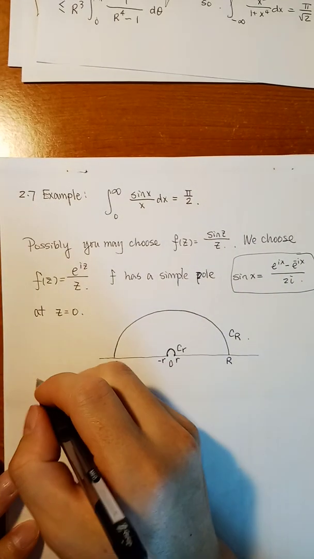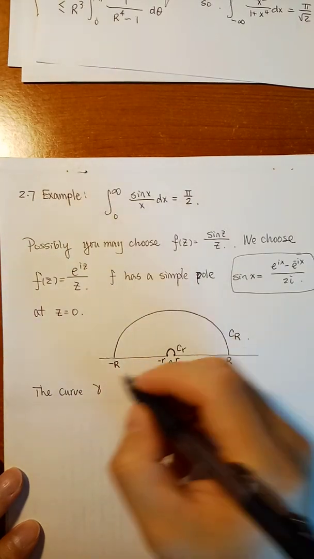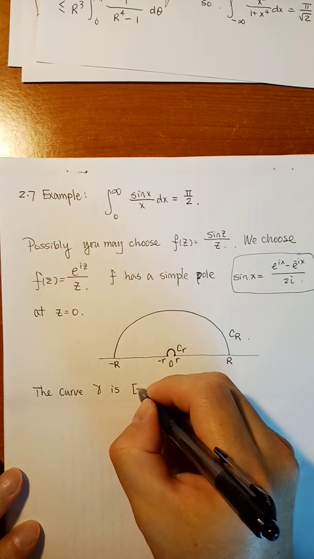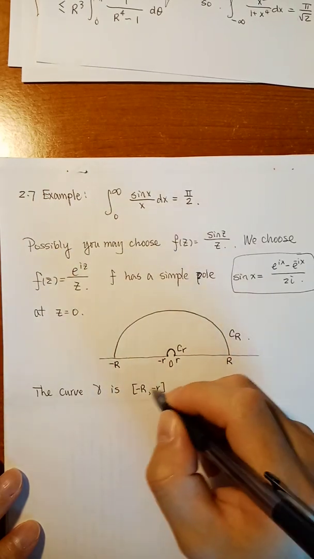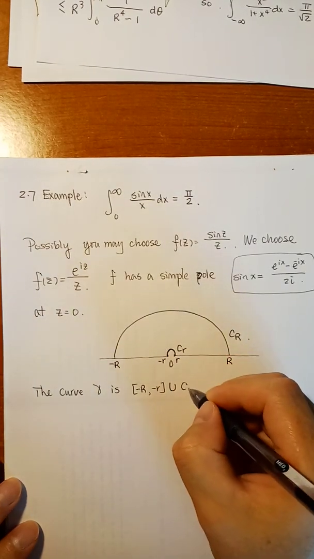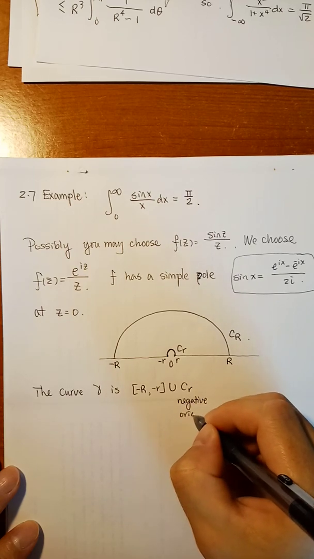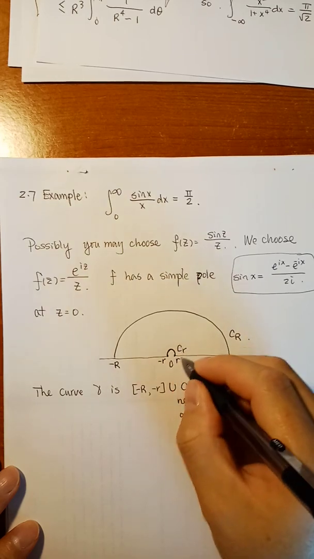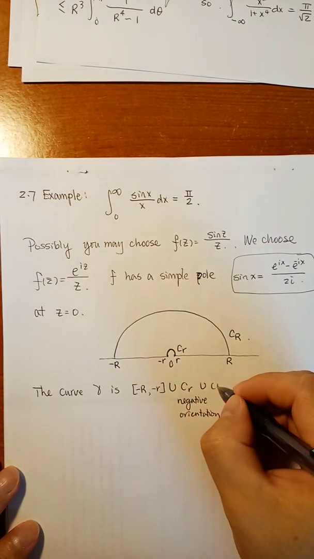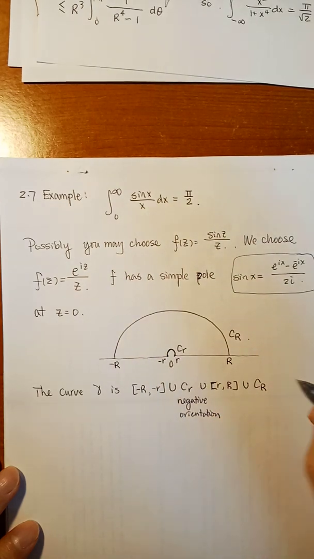And the curve gamma is the interval negative R to negative little r, union C little r, negative orientation, clockwise, union little r to capital R, and union C capital R, positive orientation, counterclockwise.